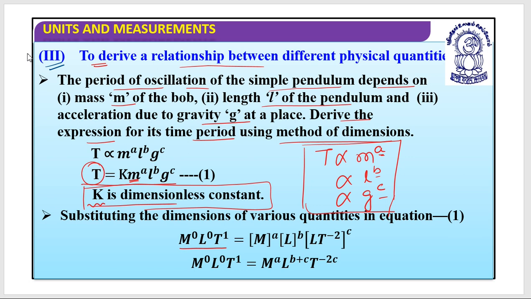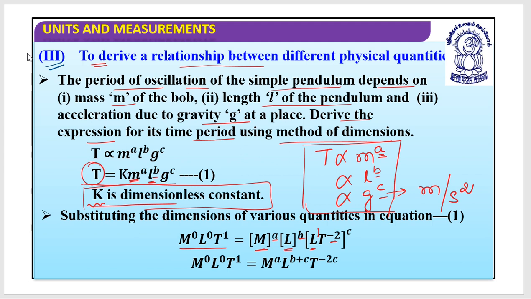So dimensions of mass is M to the power 1, and as the power is A, I have written A. Next, dimensions of length, it's L and its power is B. G, acceleration due to gravity, is basically an acceleration, so its unit would be meter per second square. So this is L1 T to the power minus 2, all to the power C.